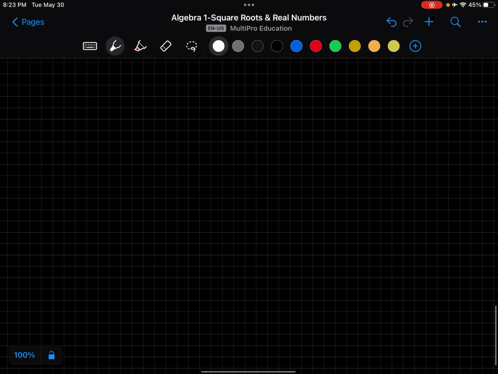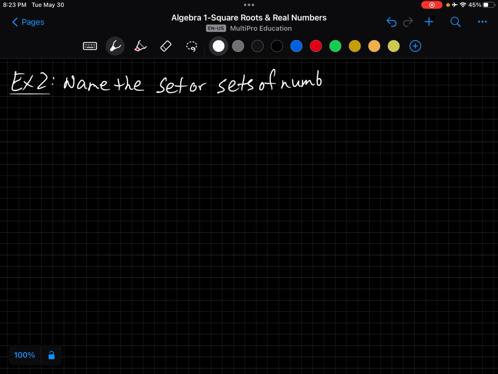All right, let's look at another example here. What we want to do is name the set or sets of numbers to which each real number belongs.